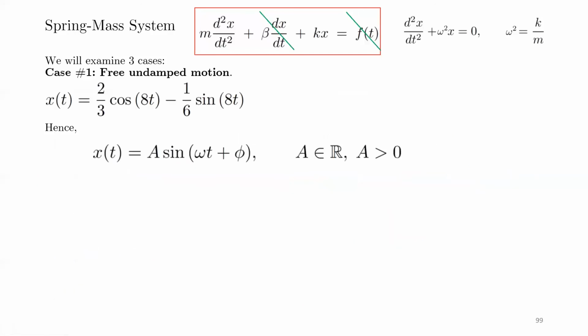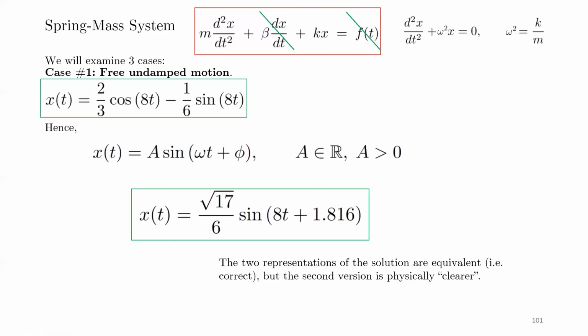Hence, we can write our solution like so: the amplitude times the sine of omega t plus phi. Omega was 8, so we can add that in there. X is equal to the amplitude, square root of 17 over 6, times the sine of 8t plus this phase angle phi, 1.816. So these two representations of our solution are equivalent.